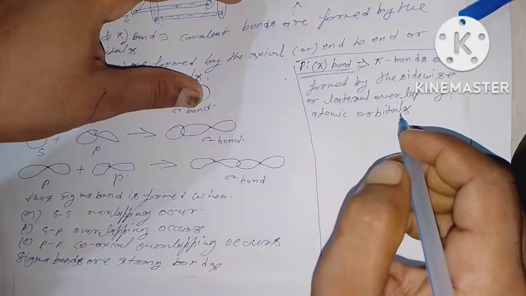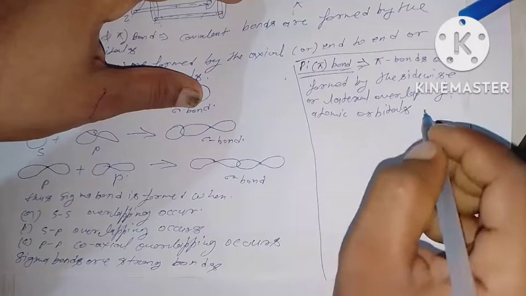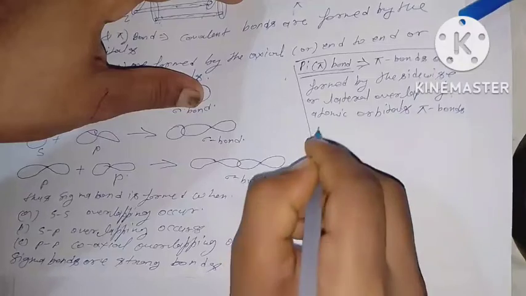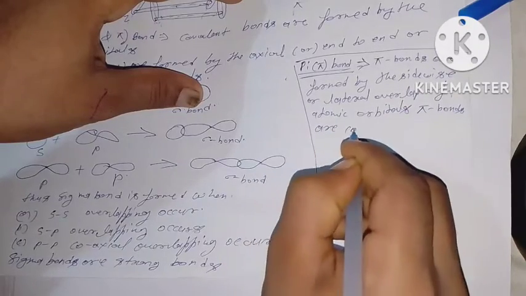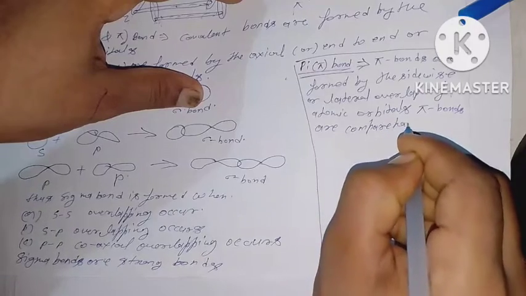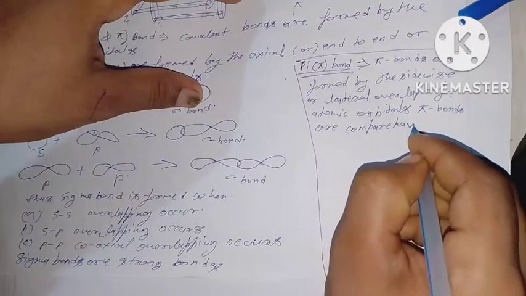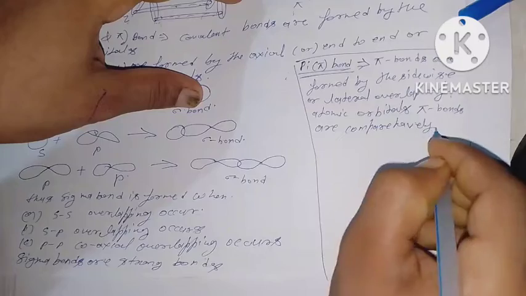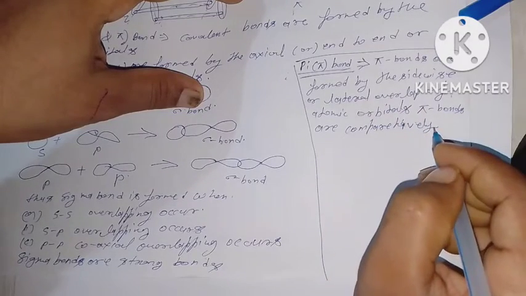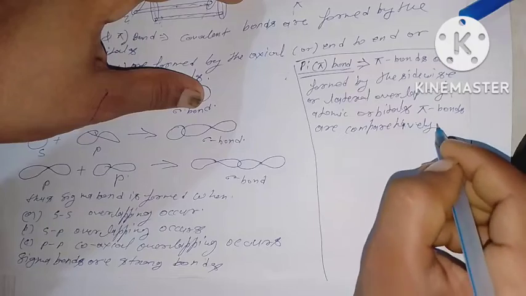Pi bonds are comparatively weaker than sigma bonds.